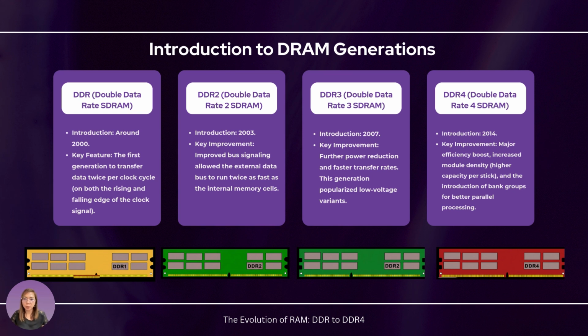The next one is DDR4, introduced in the year 2014. The key improvement here is a major boost in module density, which is higher capacity per stick. There was also an introduction of bank groups for better parallel processing.